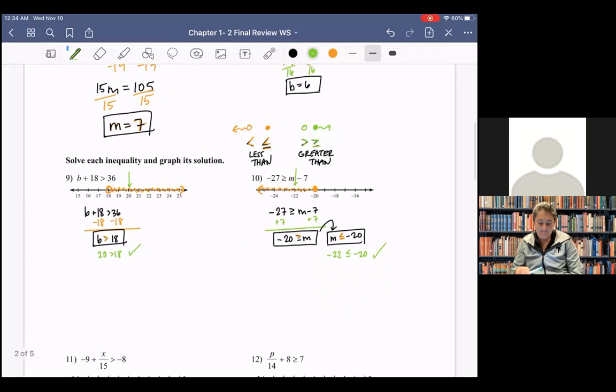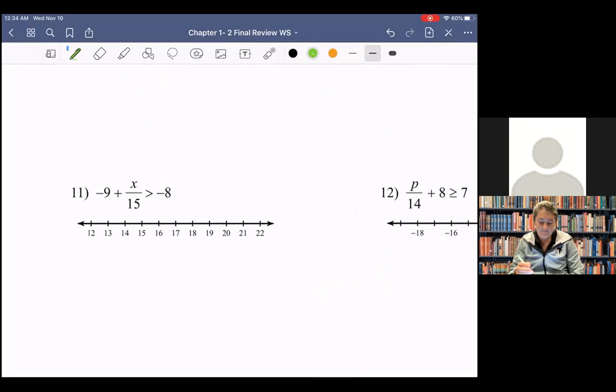Okay, awesome. Number 11. So I have negative 9 plus x over 15 greater than negative 8. First thing I'm going to do is add the 9. So when I add the 9, it'll be gone over here. I'll have x over 15 greater than negative 8 plus 9 is 1.